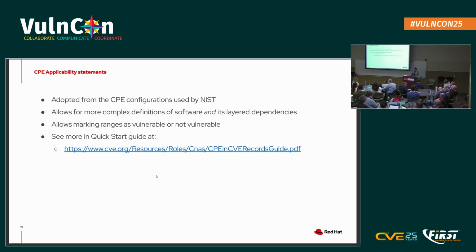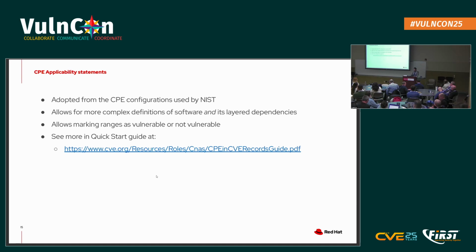So for example, if you're trying to identify a component and make it specific that it runs on the Linux kernel 123, then you can express that in a very specific CPE configuration. I feel like that a little bit replicates what SBOMs do, but oh well.